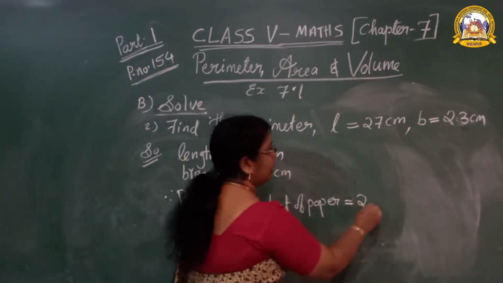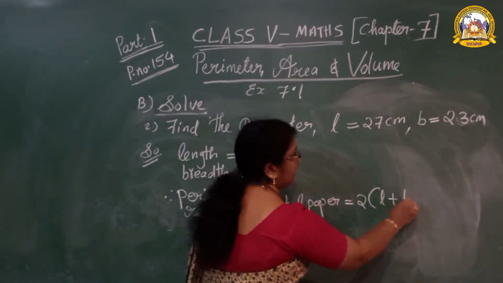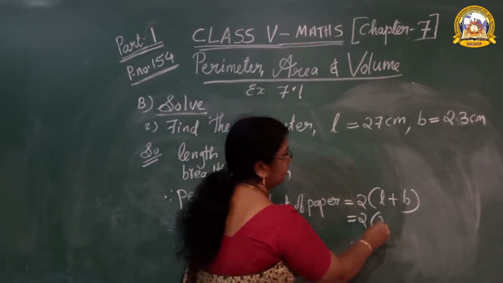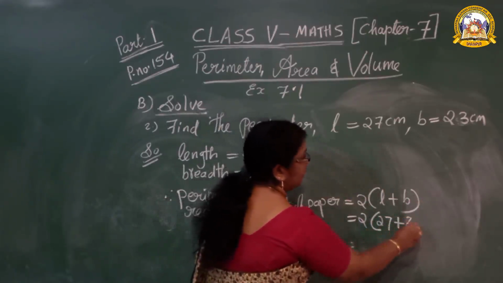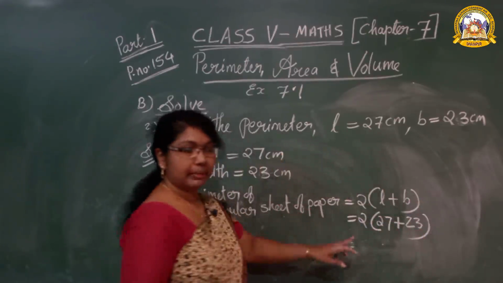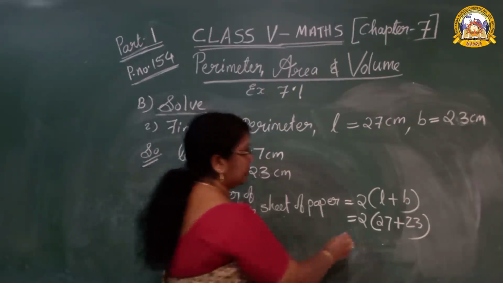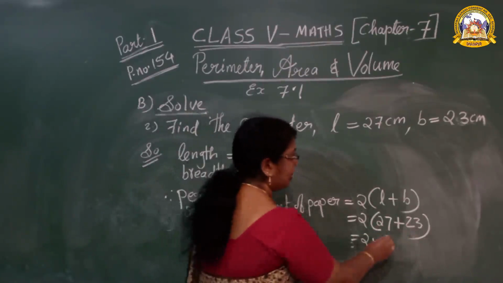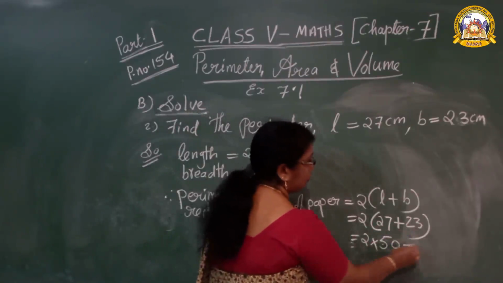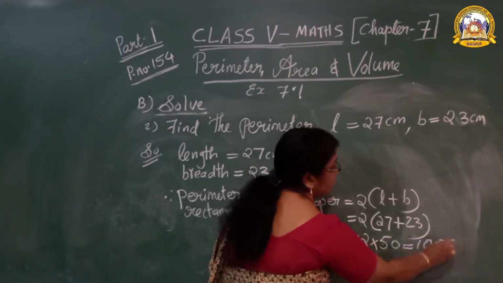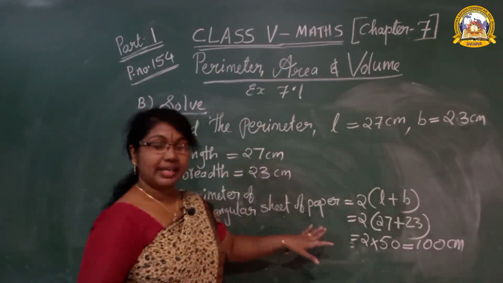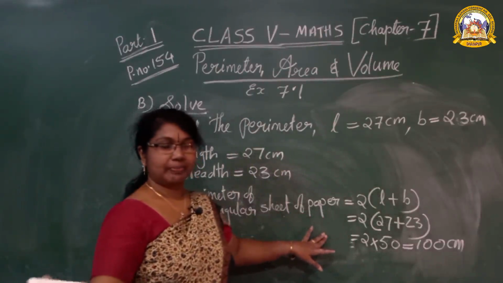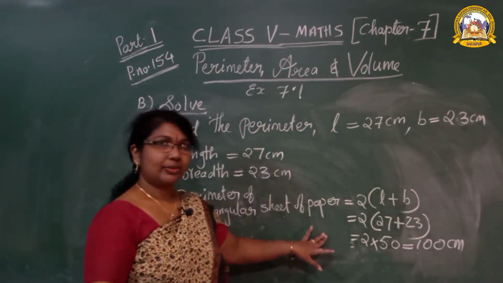What is the formula? 2 multiplied by length plus breadth. 2 times, what is the length? 27 plus the breadth 23. Then 2 multiplied by 27 plus 23, which is 50. 2 into 50 is 100 centimeter. What is the perimeter of that paper? 100 centimeter.